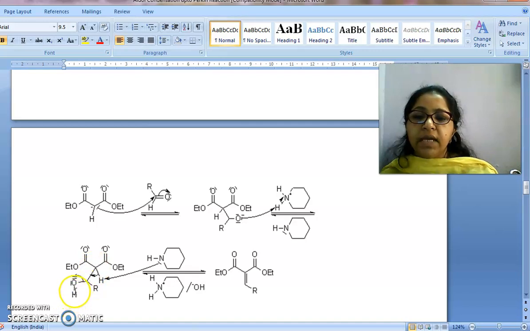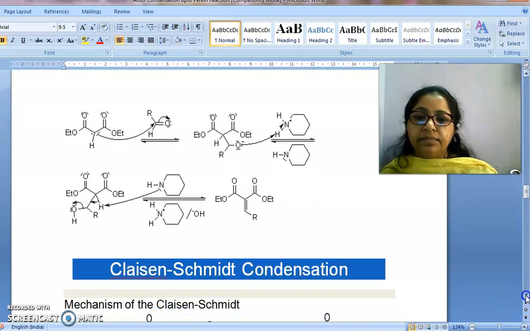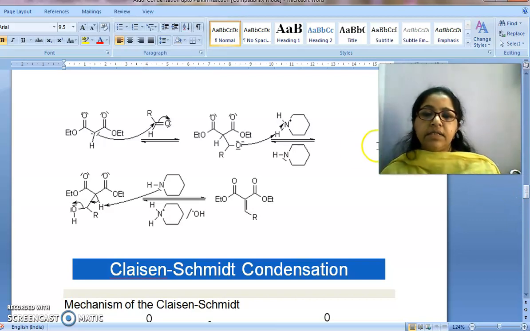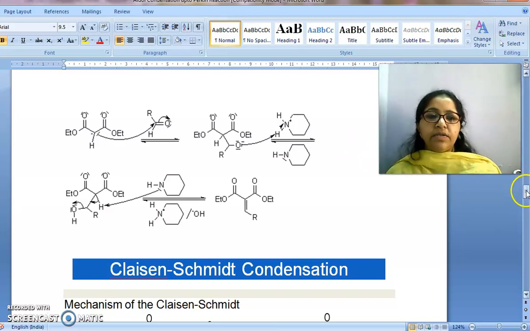So from this alcohol, one H will be abstracted by the base again, and this will give us the alpha beta unsaturated product. So finally, this is the product, an alpha beta unsaturated ester.